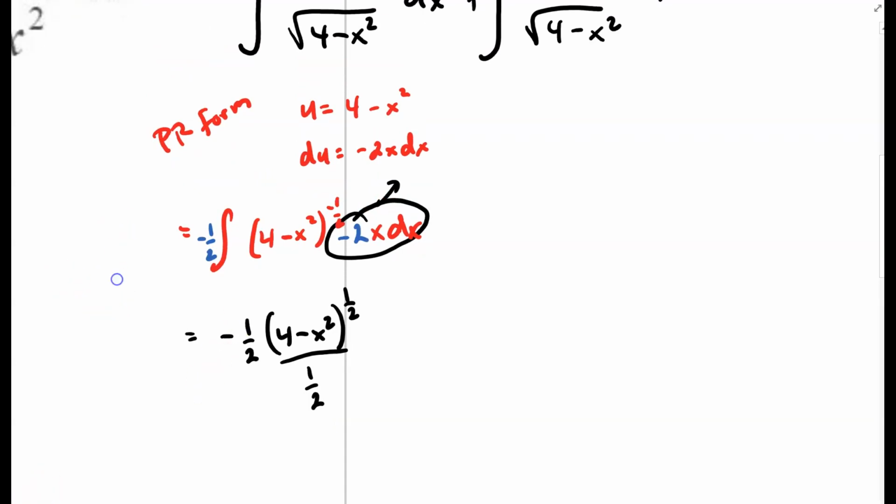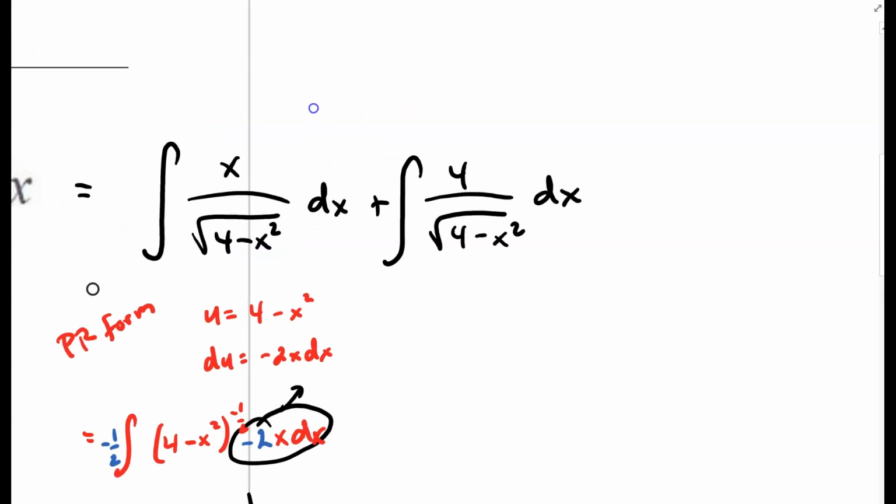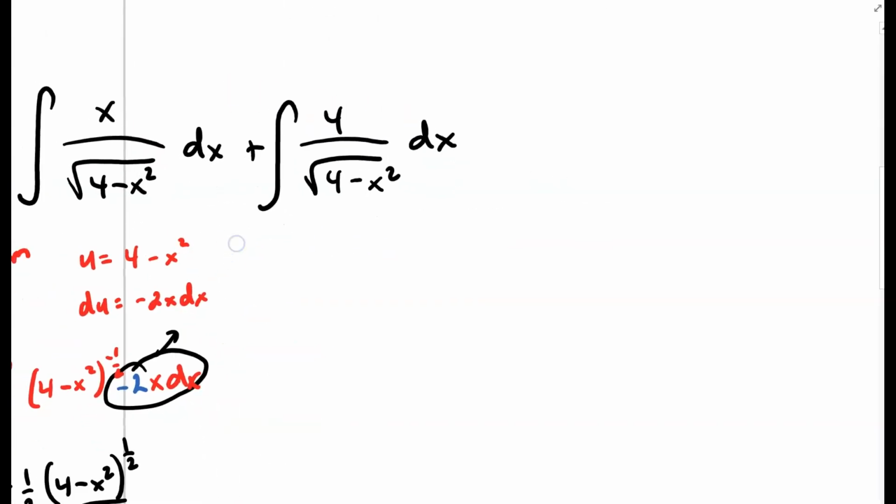All right, now let's go back up here. And for this integral, I have sine inverse form. Okay, so I have a u that is just x. That's nice and straightforward. I don't have to worry about du. And then I have an a value that is 2.